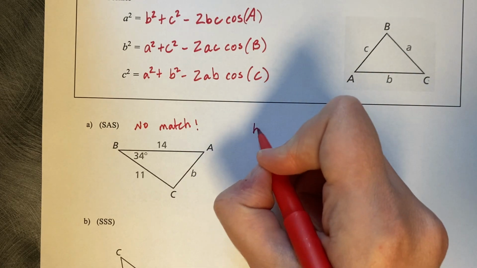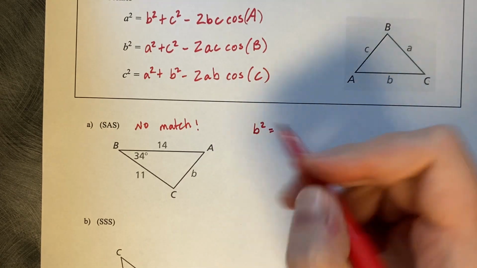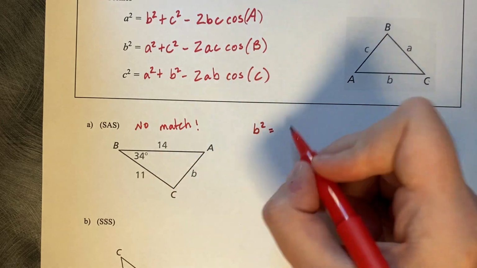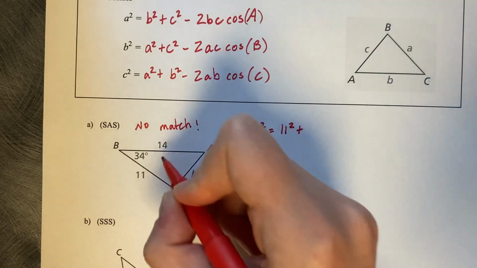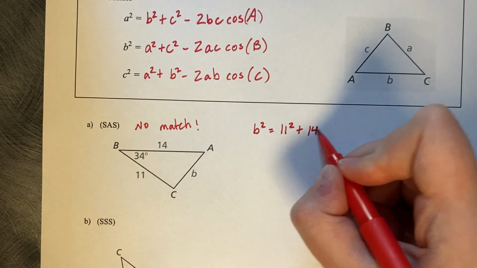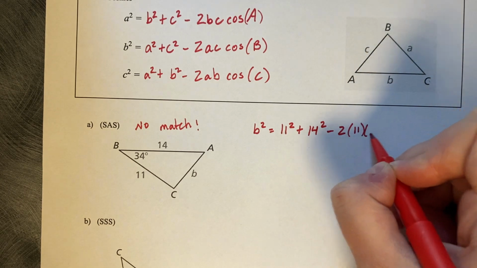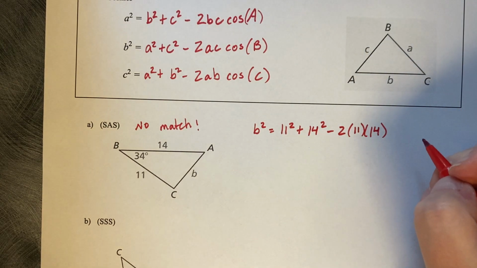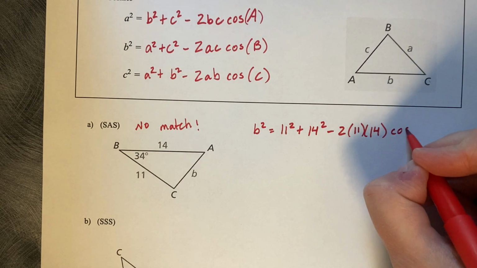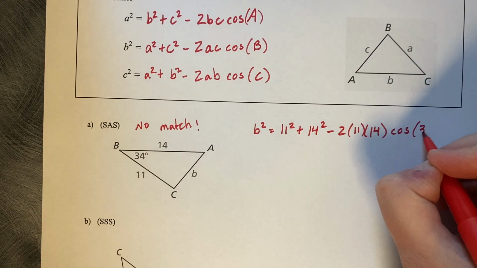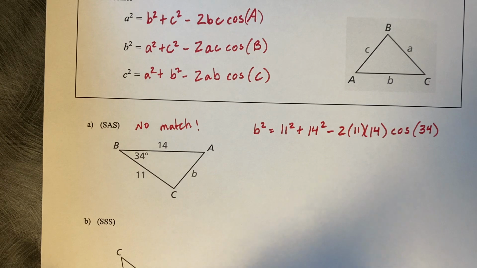So it's going to be B squared equals A squared, 11 squared, plus C squared, 14 squared, minus 2 times 11 times 14, and then the cosine of B, which is 34.